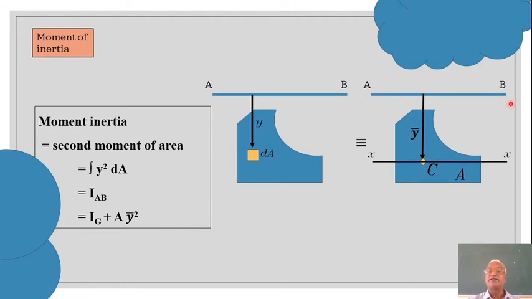The required axis is AB. The known axis, which is through the centroid, is XX, and the distance between them is y bar. So y bar squared. So IAB is equal to IG plus A y bar squared.